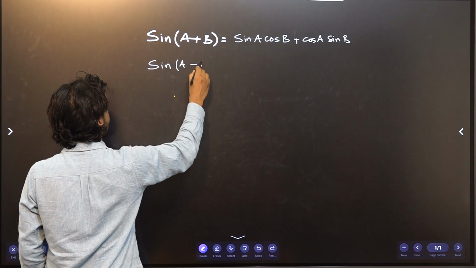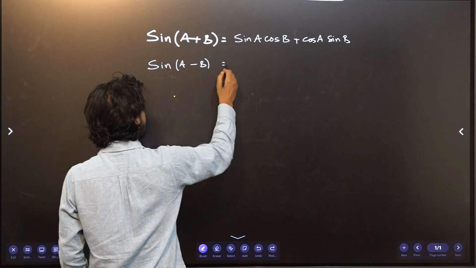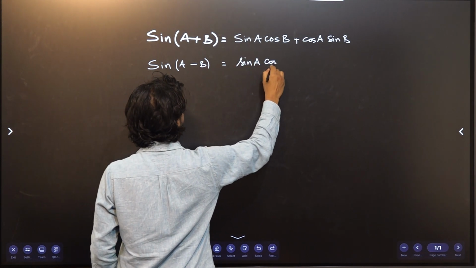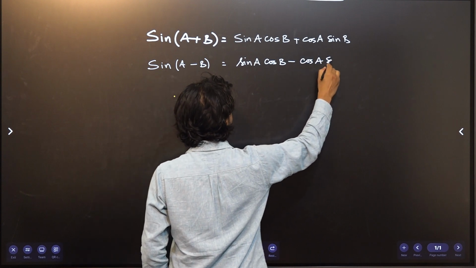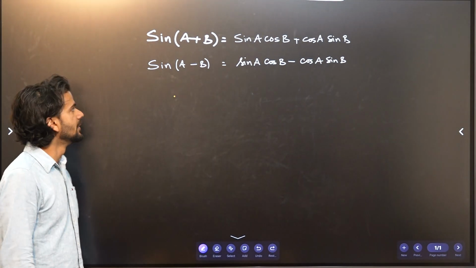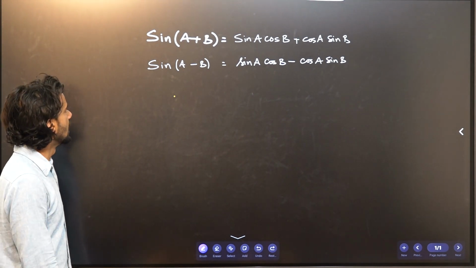Sine A minus B. What is the expression? Sine A cos B minus cos A sine B. This is also something that you know. Easy?